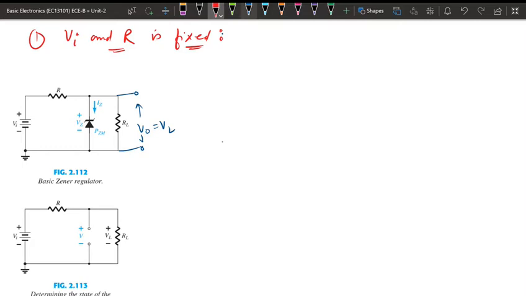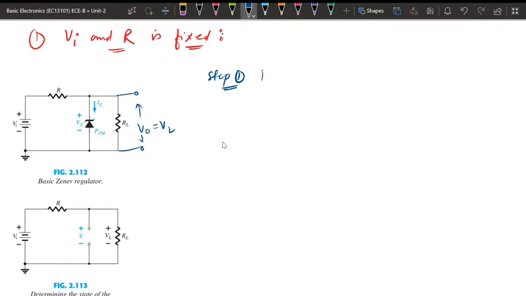The first step is to determine the state of Zener diode operation. The Zener diode could be working in 3 different regions: forward bias, reverse bias, and the breakdown region. So first of all, we need to find out in what region this Zener diode is working.